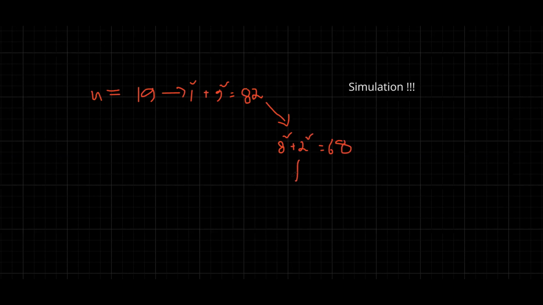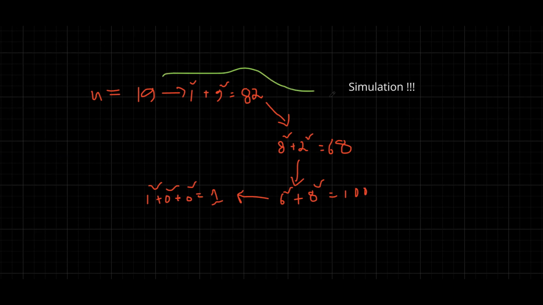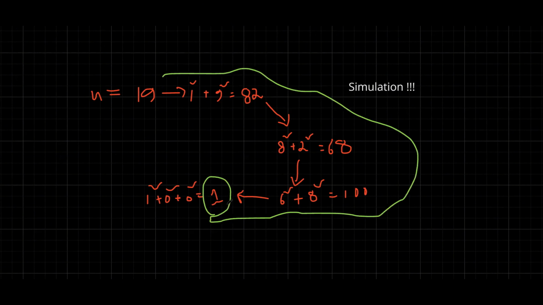In the third iteration, we replace 68 with 6 square plus 8 square, which is 100. Now, in the fourth iteration, we have to replace 100 with 1 square plus 0 square plus 0 square, which is 1. So if we run this simulation, we conclude with the value 1, so 19 is a happy number.